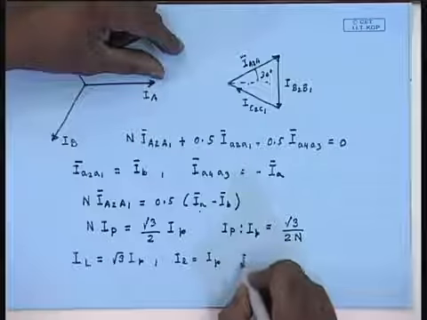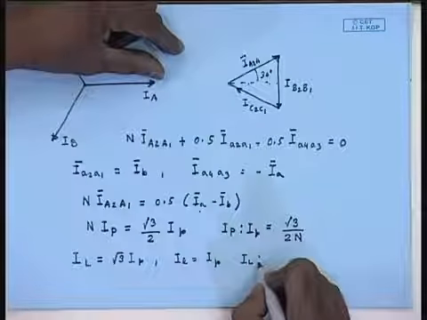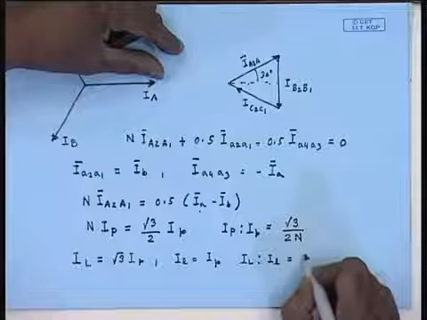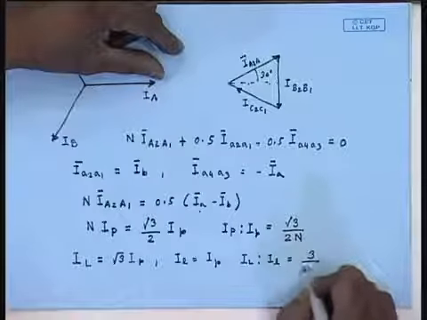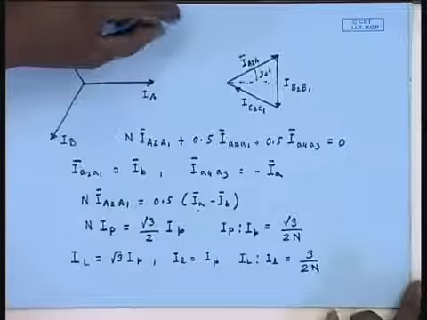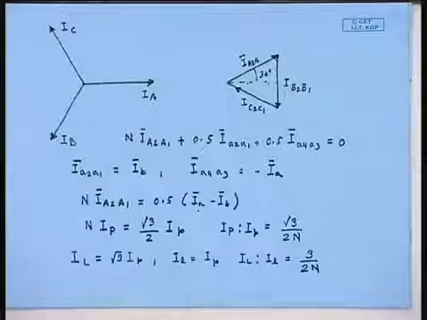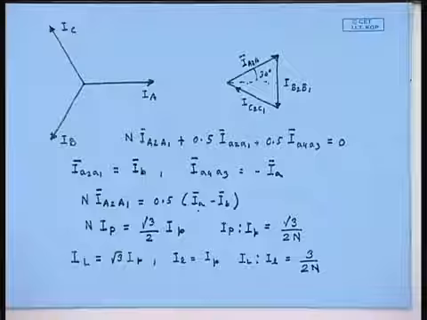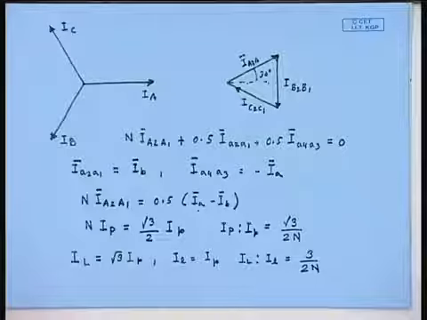Therefore, we have IL is to small IL equal to 3 by 2n. So, this is for the delta zigzag star.